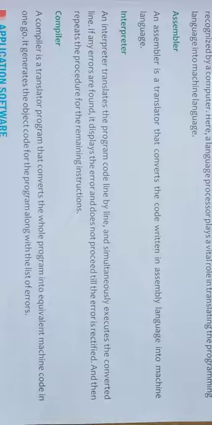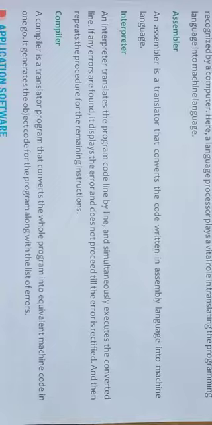Even I am not very good in grammar, but still we convert word by word, line by line. That is converted with the help of an interpreter. The interpreter is the type of language processor which converts the programming language line by line.